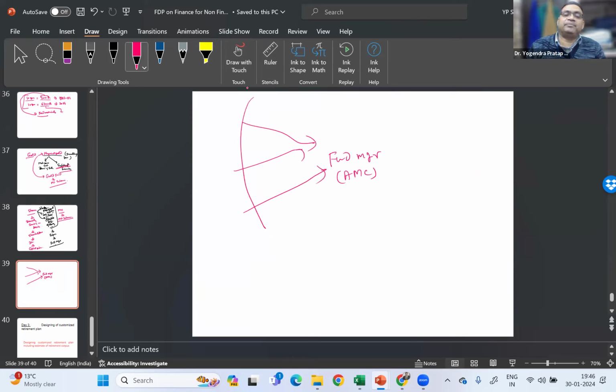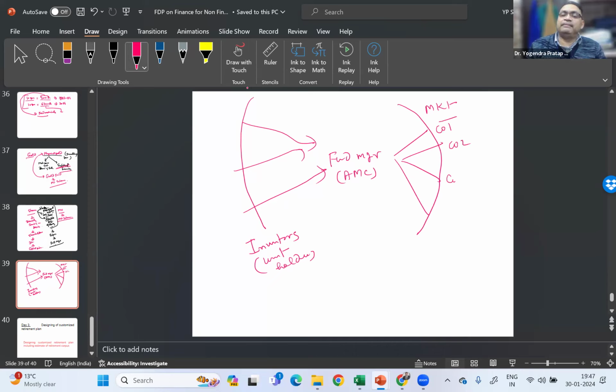These are known as unit holders, because in mutual funds units are sold. Then this fund manager invests that money into the market, like company 1, company 2, company 3, and makes a portfolio. Portfolio means a set of investments.